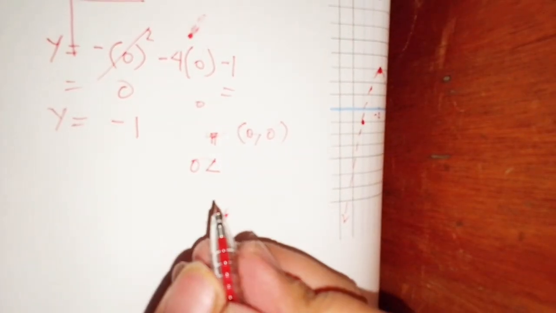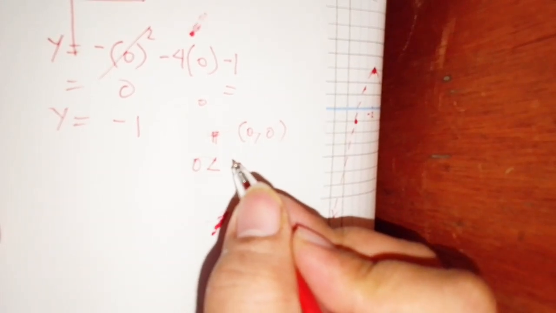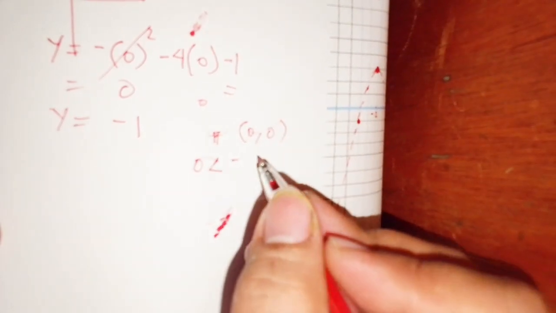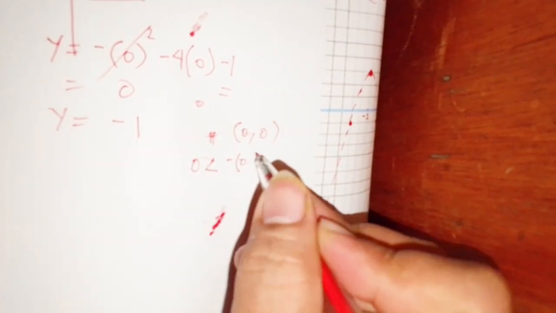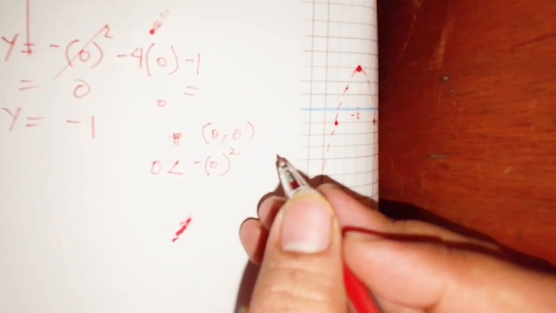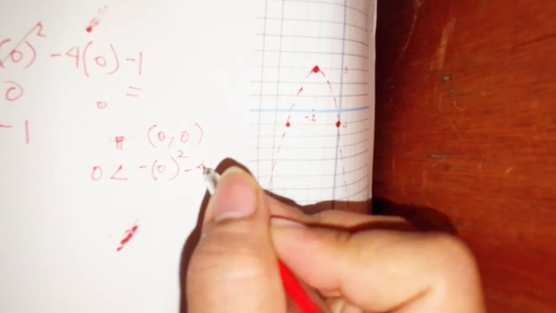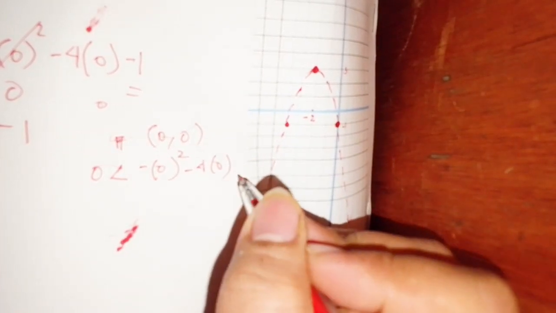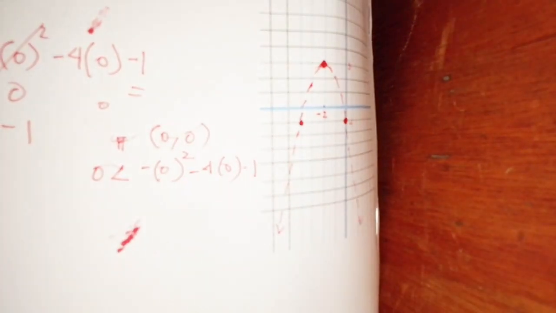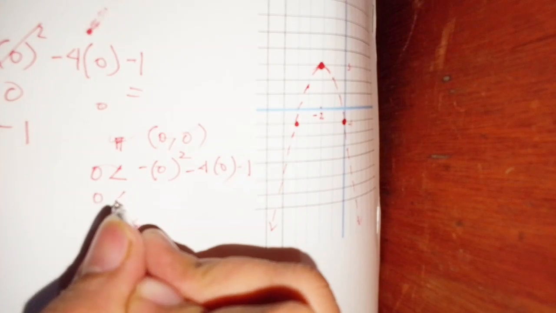What if this is 0 comma 0? The x is 0 and the y is 0, the origin. So 0 is less than negative 0 squared minus 4 times 0 minus 1.